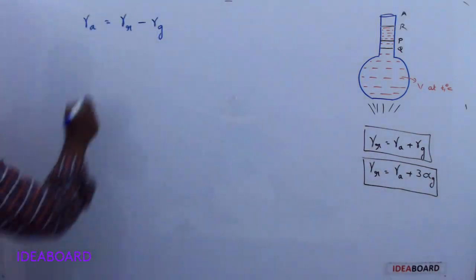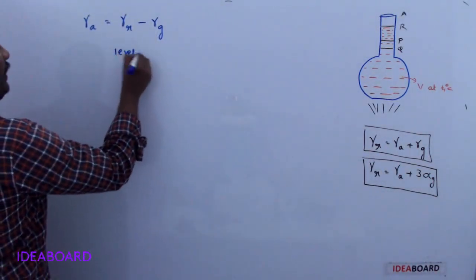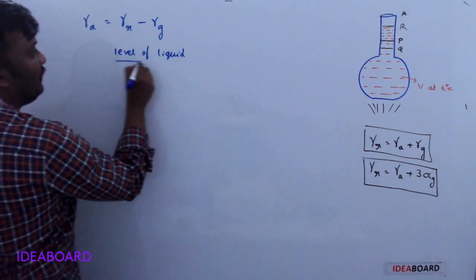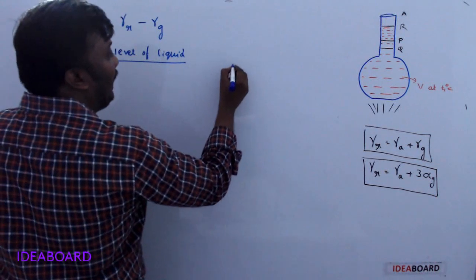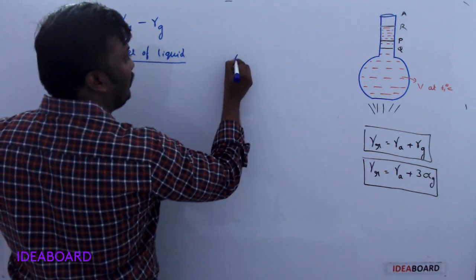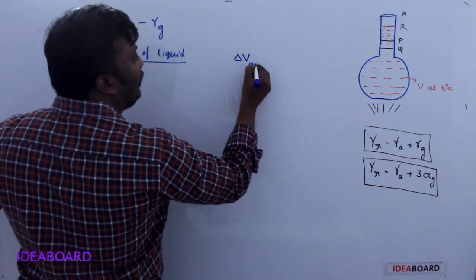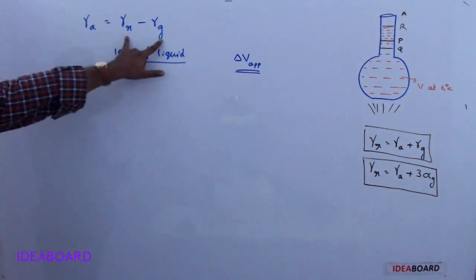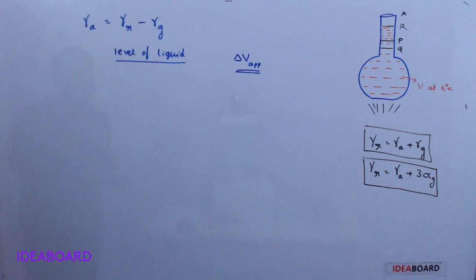Let us see. For that I would like to observe the apparent increase in volume based on the values of gamma R and gamma G.